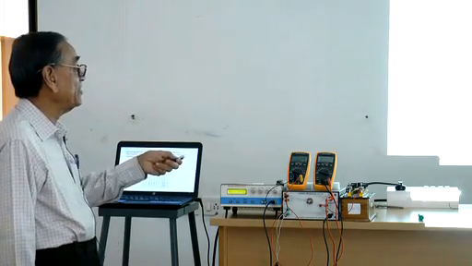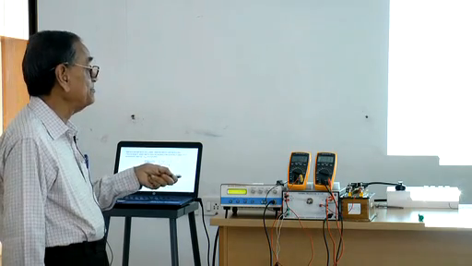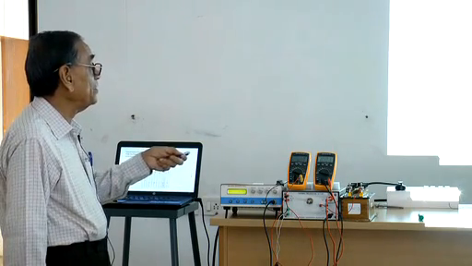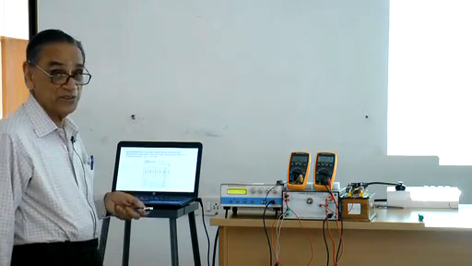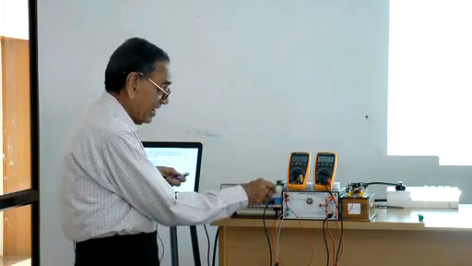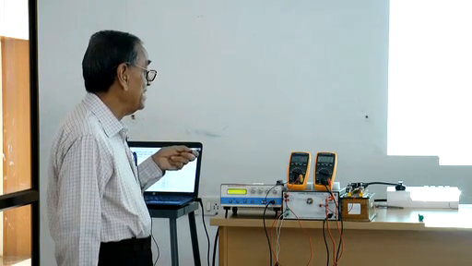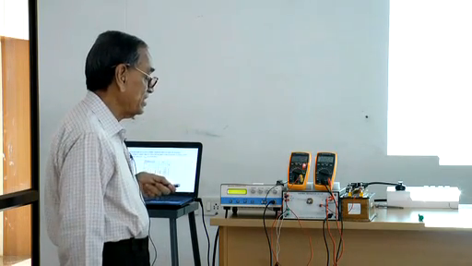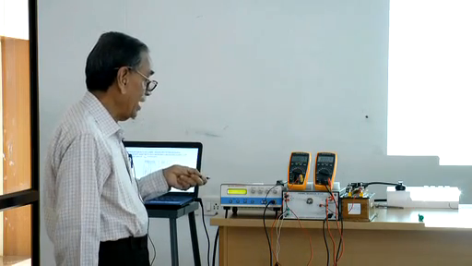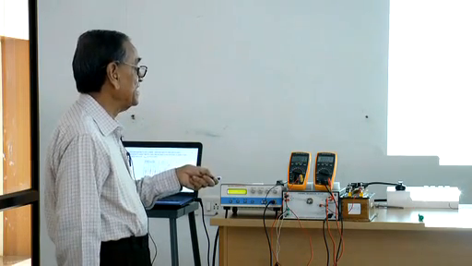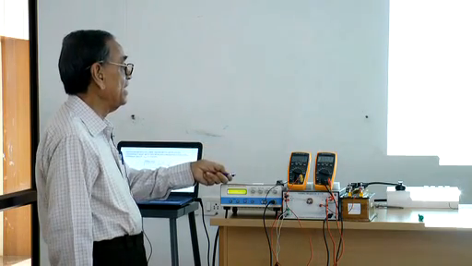Then I change the frequency to these values. At each frequency I check that the voltage across 50 ohms is 1 volt, otherwise I adjust the amplitude knob and I take the AC voltage of the photodiode on this multimeter while the frequency is increasing and while it is decreasing. This is the average value.